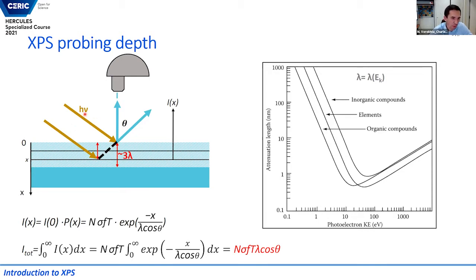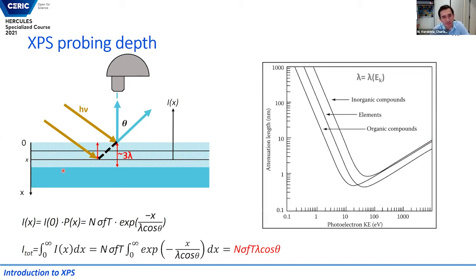So if you use photons which are just some 100 eV higher in energy than the binding energy of some photoelectron inside the atom, you would have electrons with an energy of around 100 electron volts. If you use a higher energy photon, you increase the kinetic energy of the emitted electrons, and then you increase lambda, and of course the probing depth of your material.